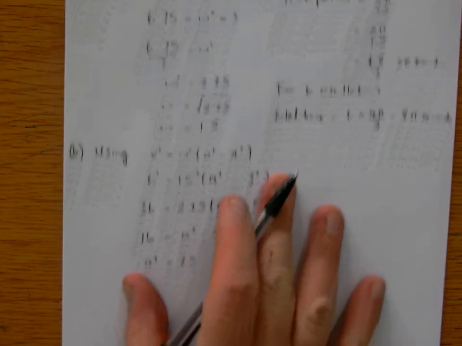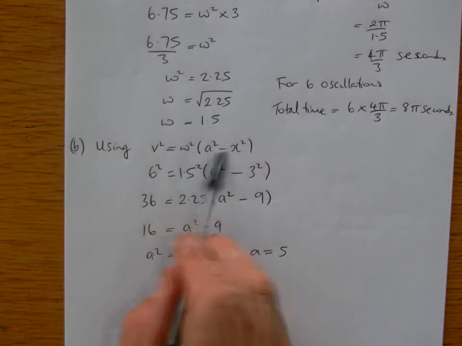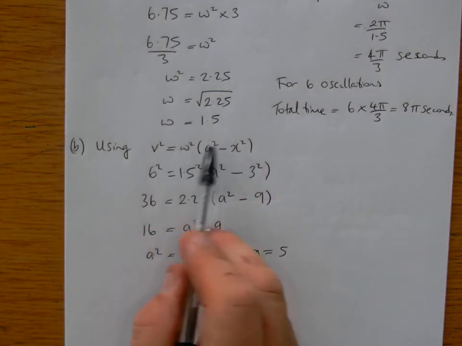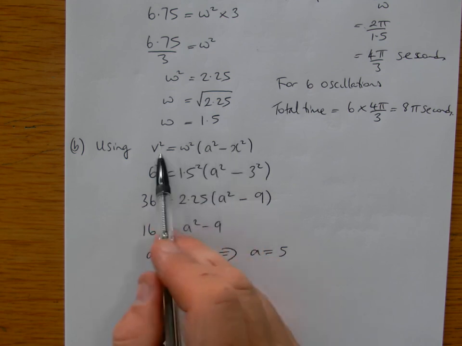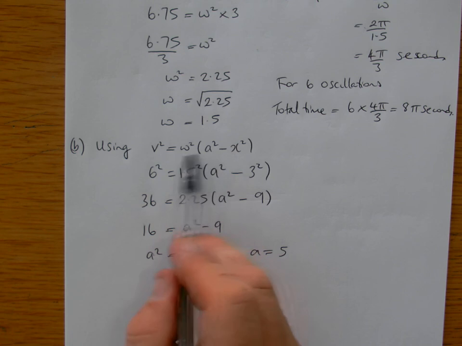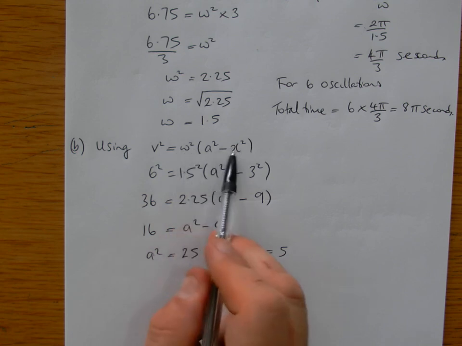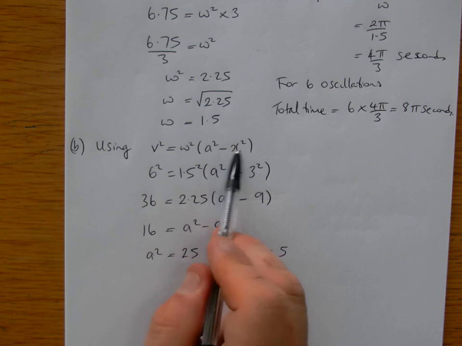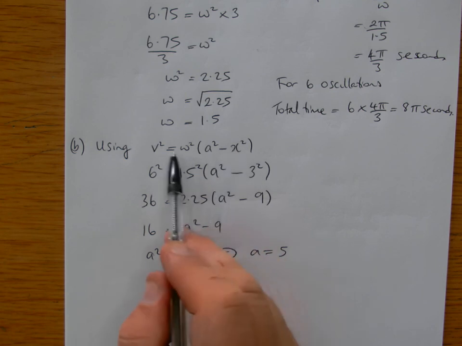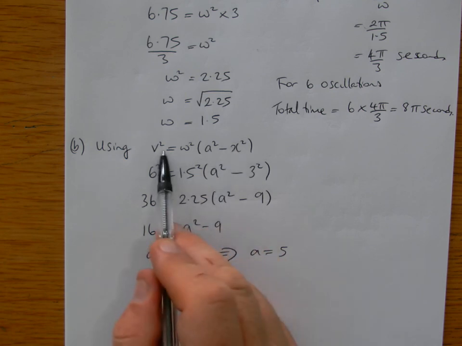So then to get the max speed, we really do need to think about this formula again, yeah? If you appreciate, for v to be at its max, look at this here, we need this expression to be at its max. Now, looking at the expression, you're always taking something away, aren't you? x squared. So we want to take away as little as possible to make this as high as we possibly can.